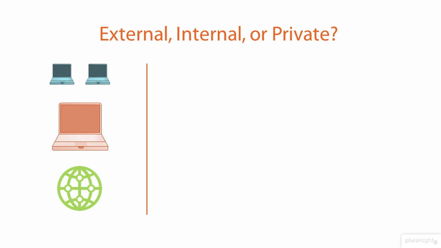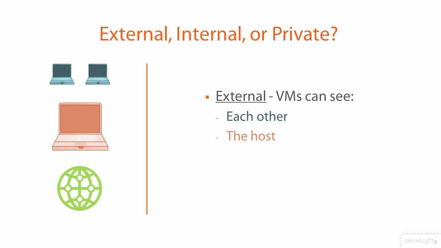The type of switch is an important decision, so you want to understand what the terminology means because it's not entirely obvious. In an external switch type, the VMs can see each other, the physical host, and the external network to which the physical host connects.